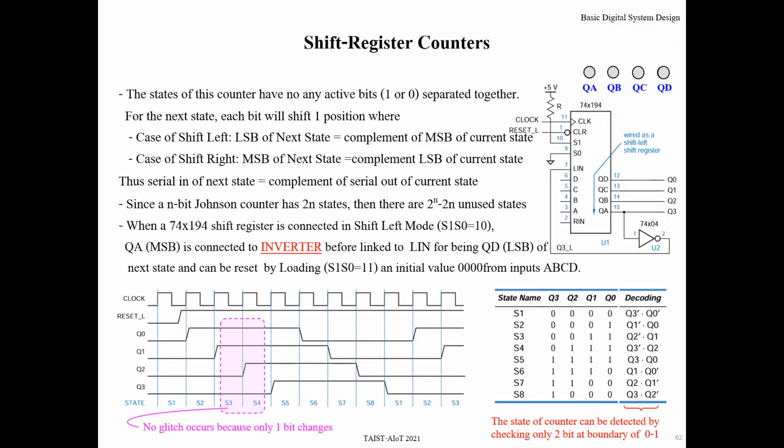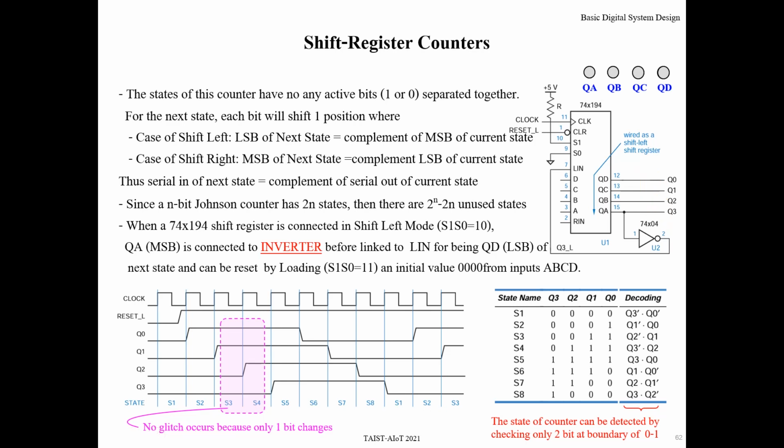Again, if you connect just like this, it's possible to go to some undesired state, for example 1 0 1 0. If you do this, you repeat between 0 1 0 1 and 1 0 1 0 and cannot go back to the normal state.